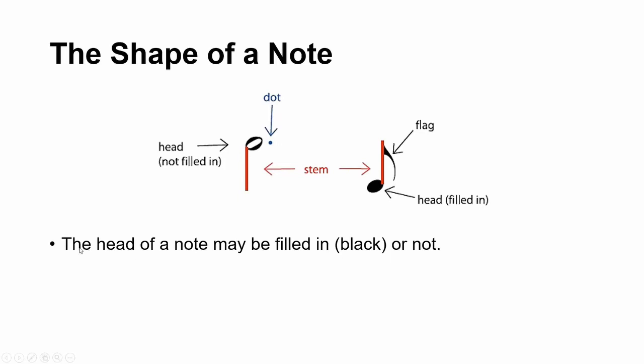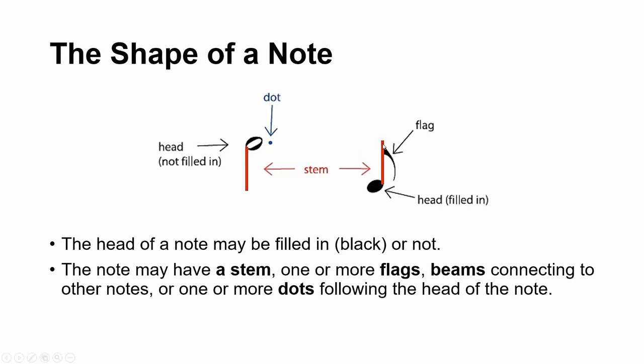Now, the head of a note, like we've said, may be filled in black, or it may not be filled in. That would also tell you the duration of the notes. We'll come to that later. The note may have a stem, so a stem here. It may have one or more flags, like the flag we mentioned here. It may also have a beam that connects 2 notes together. We'll look at the beams later. It may have one or more dots.